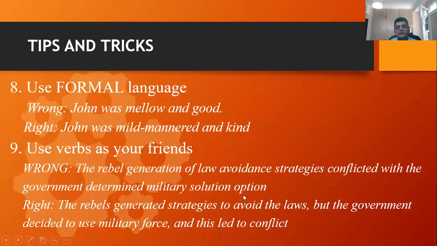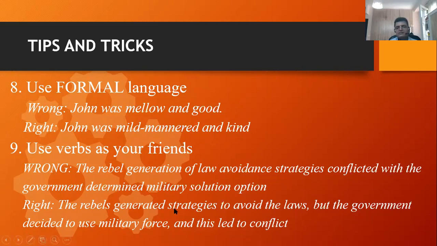It is not acceptable, while you can change it to: "The rebels generated strategies to avoid the law, but the government decided to use military force and this led to conflict." It is a sentence that is acceptable in academic writing. As you see in the correct form, we have one verb, a second verb, and a third verb. We have three verbs that make three active voice sentences here.